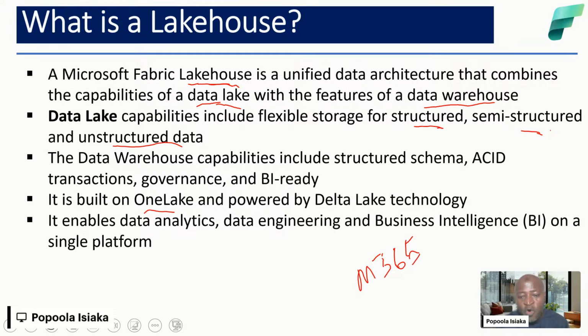The way we have storage capacity for M365 products is the way we also have it for the Fabric environment. In the Fabric environment, we call it OneLake, but in terms of 365, we call it what? We call it OneDrive.